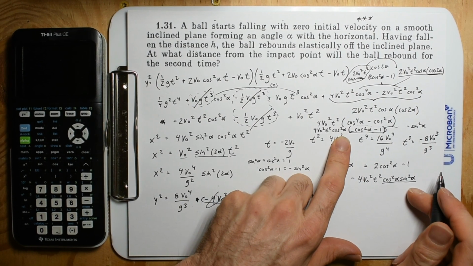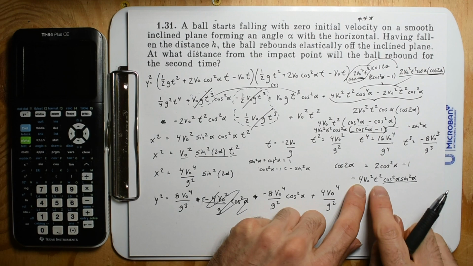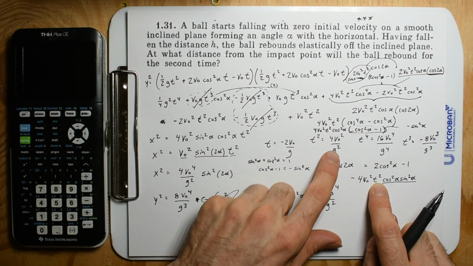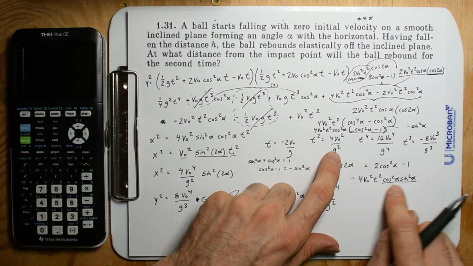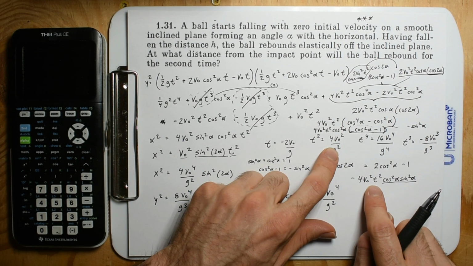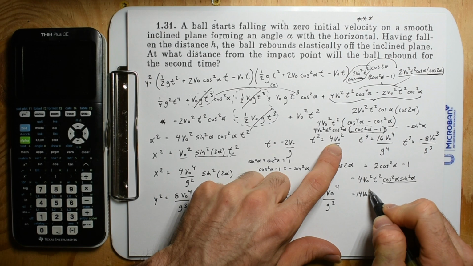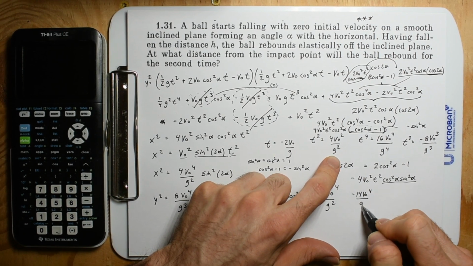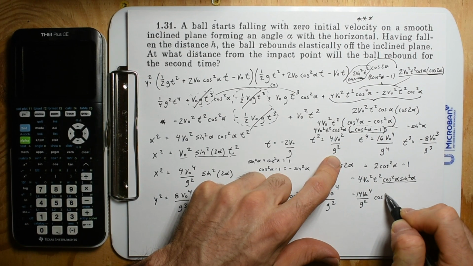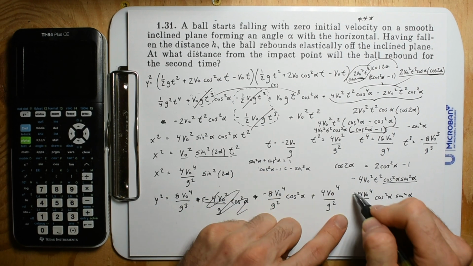But that's it, so we did it. And if we want to throw in the t squared, even just right now before we figure out what that is, because it won't matter. So here's t squared. So we're going to have negative 14 v naught to the 4th divided by g squared cosine squared alpha sine squared alpha.